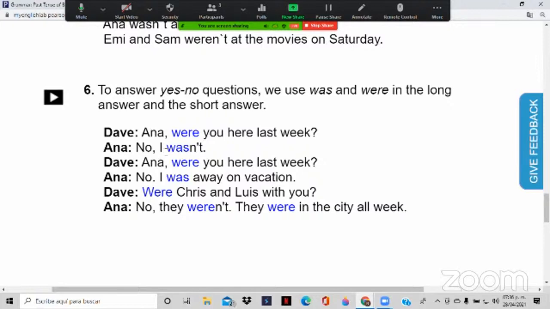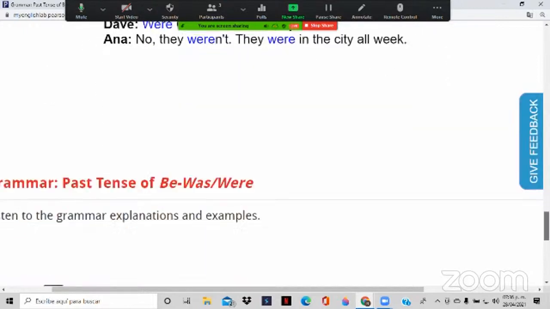Pero en inglés sí. A una pregunta directa y corta, yes, I was, no, I wasn't. O si quieres agregar más información, puedes decir, no, yo no lo estaba, yo estaba con fulano de tal. No, I wasn't, I was with Luis Miguel, for example. Okay? So it is acceptable.